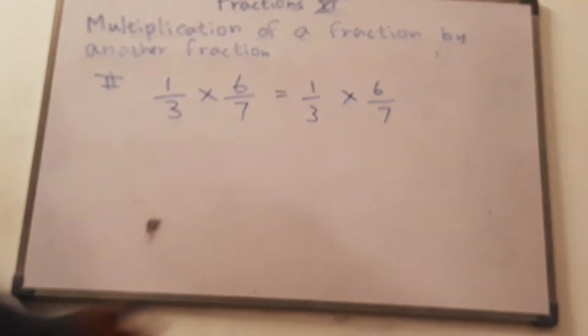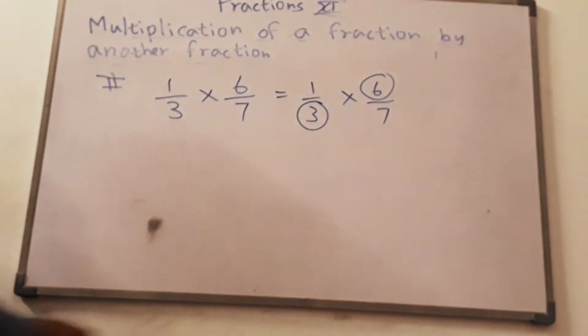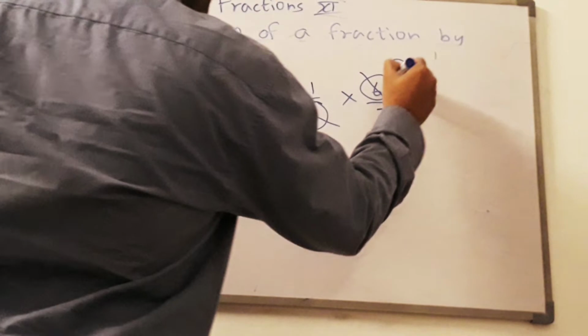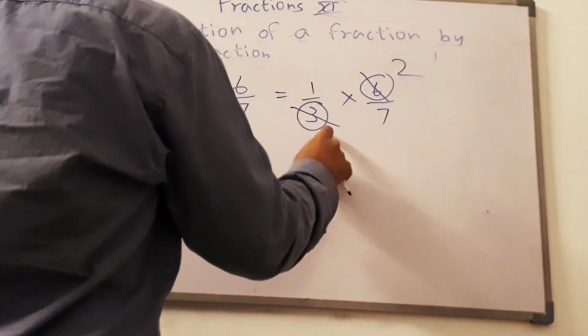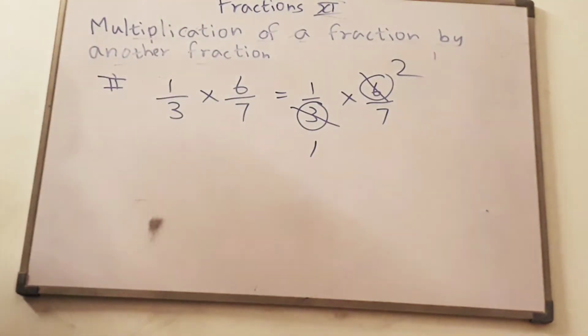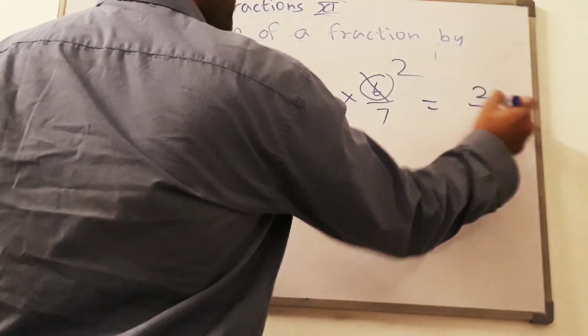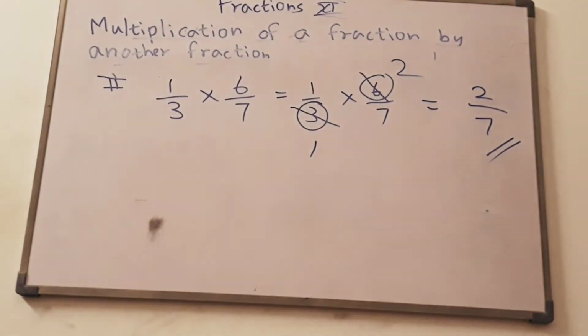Okay, 3 is a factor of both 3 and 6. 3 is divisible by 3 and 6 is also divisible by 3. Or 6 is a multiple of 3. 1 3 and 2 3's. Okay, 3 and 6 can be simplified. There's 1 3 in 3, 2 3's in 6. So here answer is 2 times 1, 2, 7 times 1 is 7. So this is the answer here.